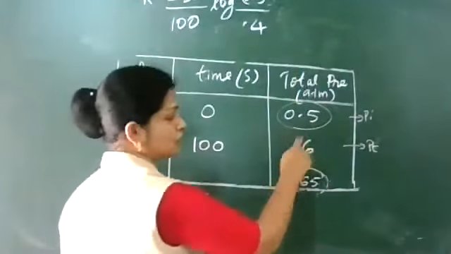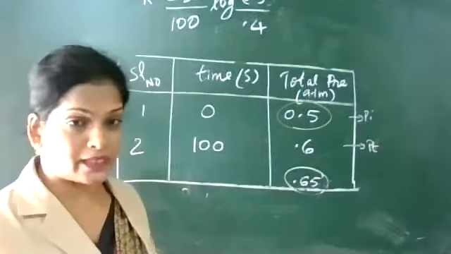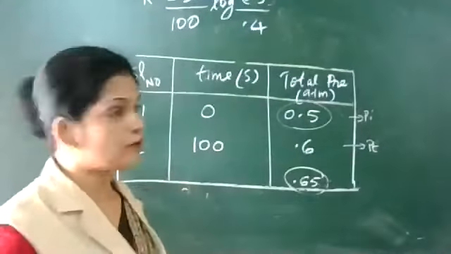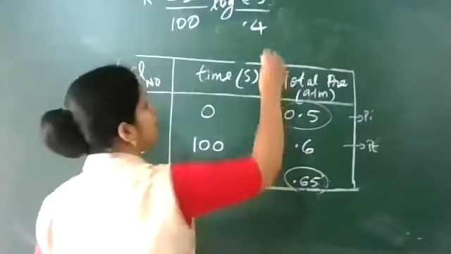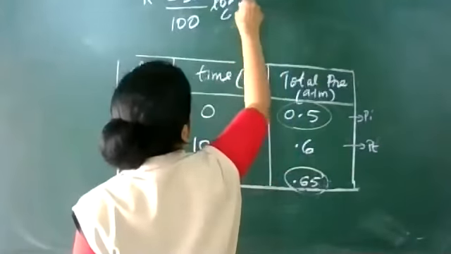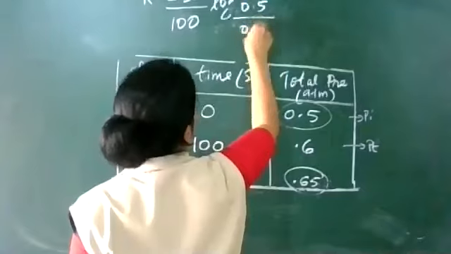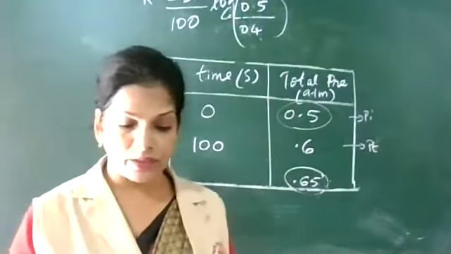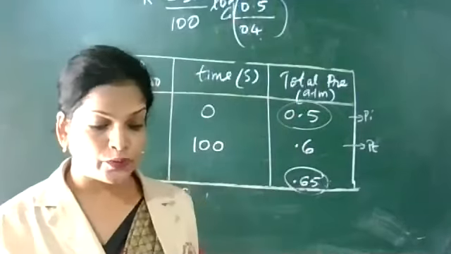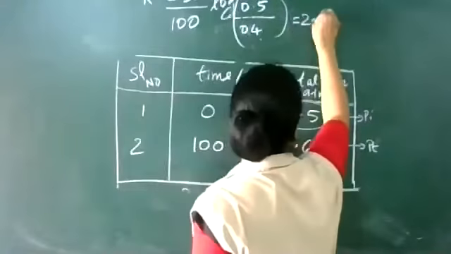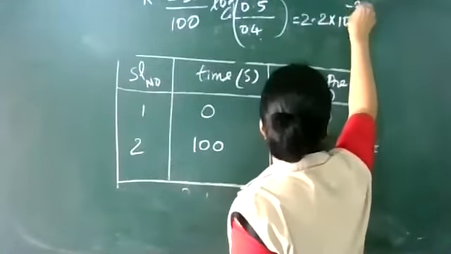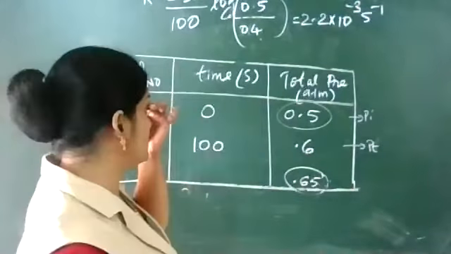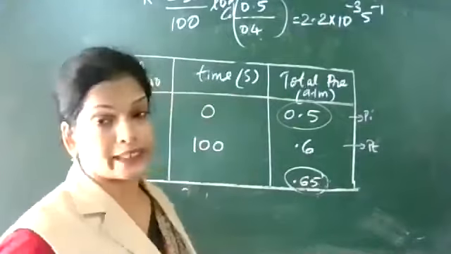I have written here 0.5 upon 0.4. So you can calculate this. After calculation, I am giving you the K value, that is 2.2 into 10 to the power minus 3 second inverse.